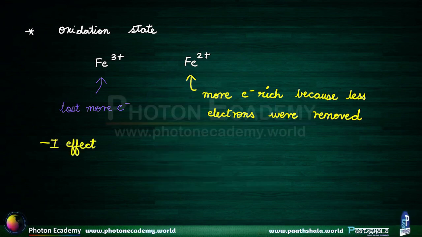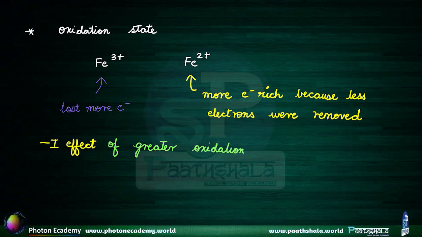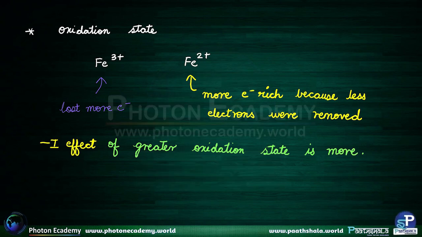the minus I effect of greater oxidation state. Now I'm generalizing it and I'm saying greater oxidation state, since 3 plus is greater than 2 plus, so greater oxidation state is more. So the general statement that we have deduced is that the minus I effect of the greater oxidation state is more.